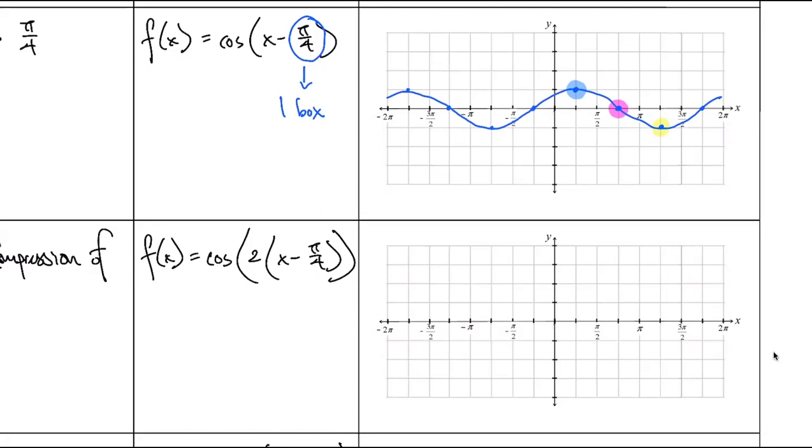Yeah, that blue point, right? Our center point stays. Everything compresses around it, right? So this blue point is going to stay, but the pink point is now going to be 1 more box in. The yellow point, instead of being 4 boxes away, is now going to be 2 boxes away.